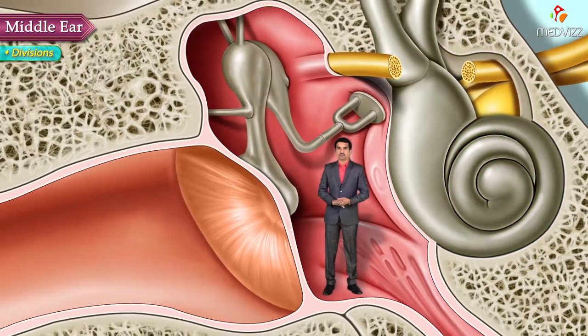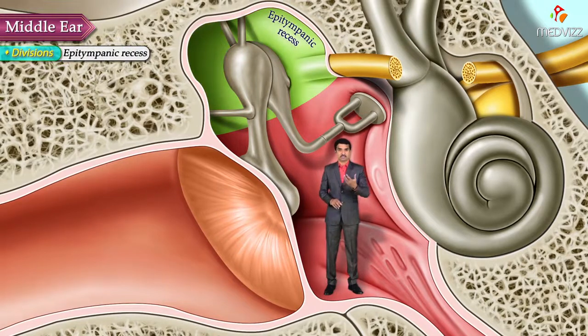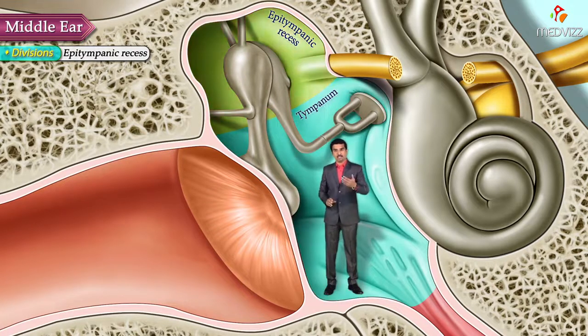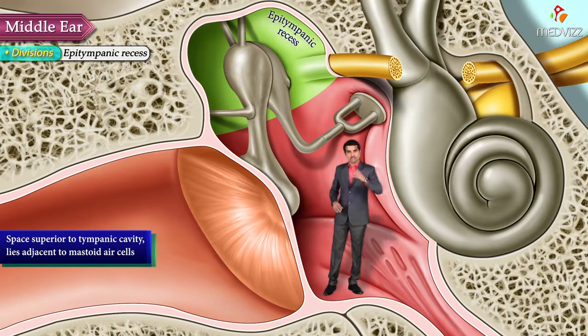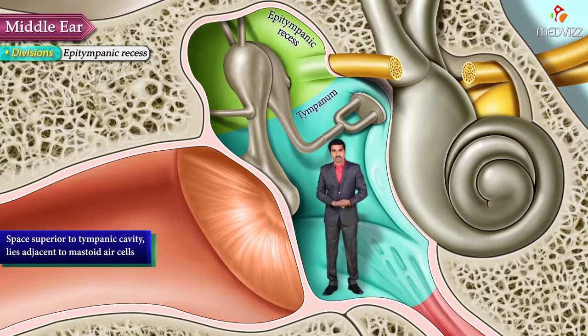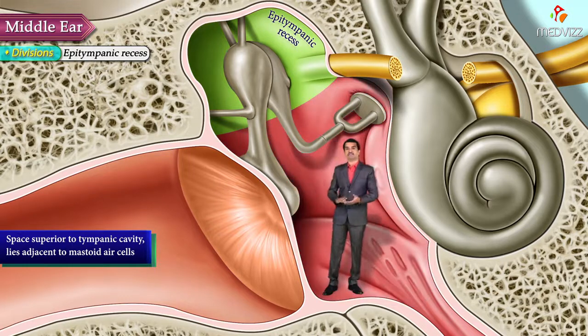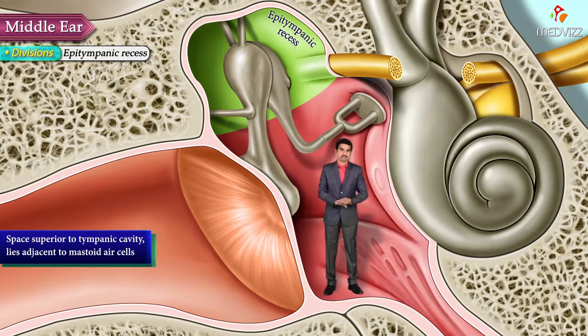Now let us talk about the epitympanic recess, which is the other division of the tympanic cavity, right? One is the tympanum and the second one is called the epitympanic recess. This epitympanic recess is a space located superior to the tympanic cavity and which lies adjacent to the mastoid air cells.